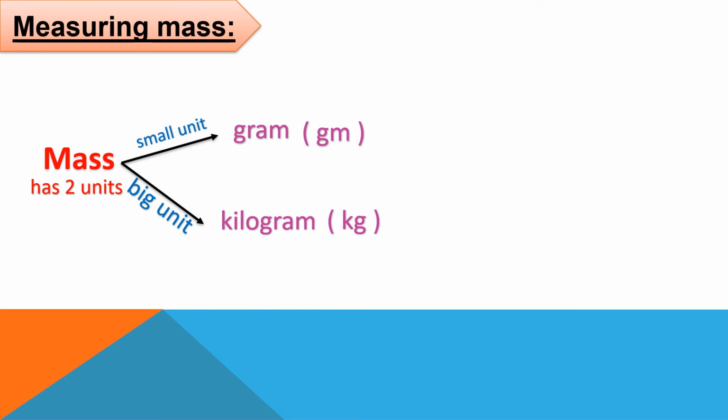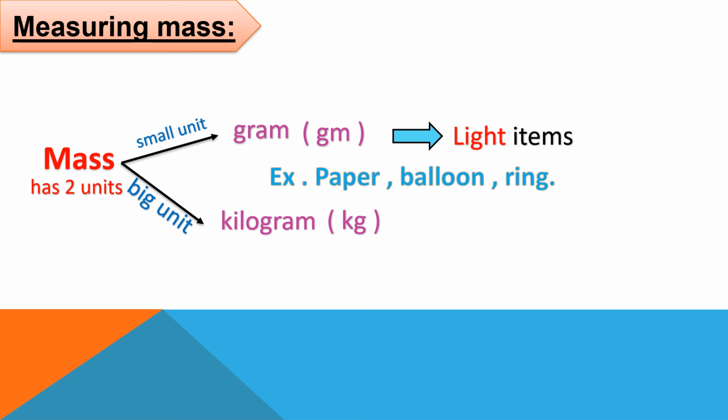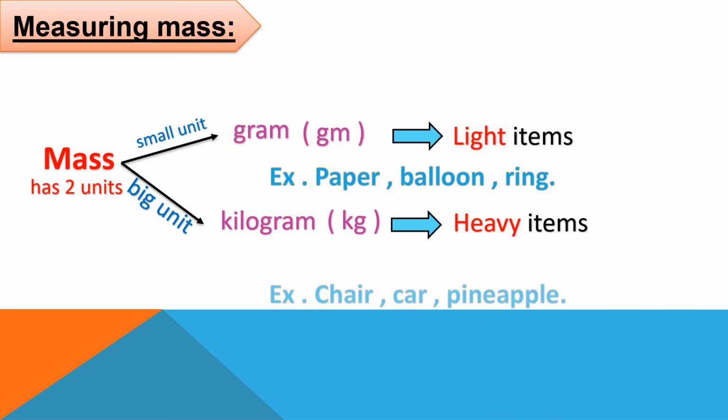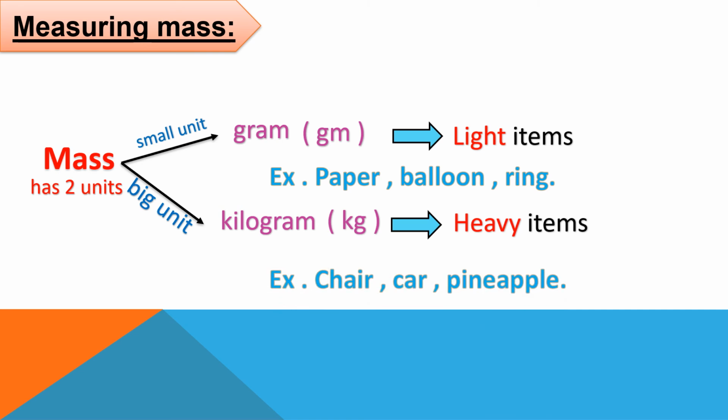We use gram, the small unit, for measuring light items like paper, balloon, ring, feather, and the big unit, kilogram, whose abbreviation is kg, is used for heavy items like chair, car, pineapple.